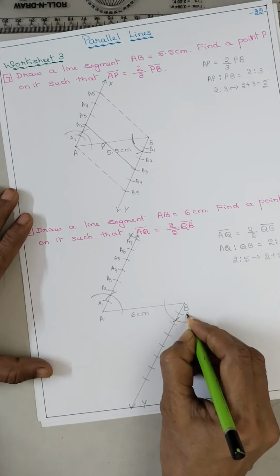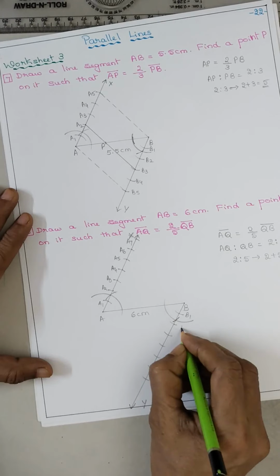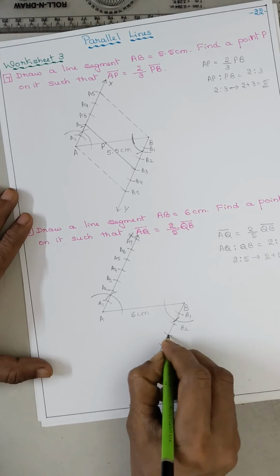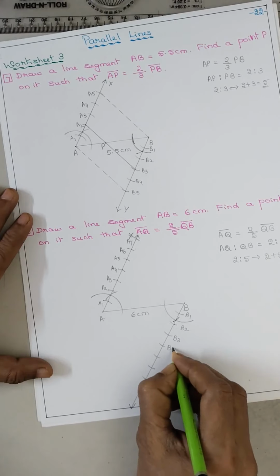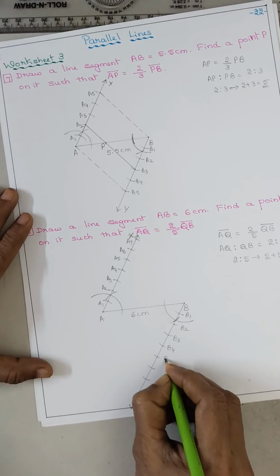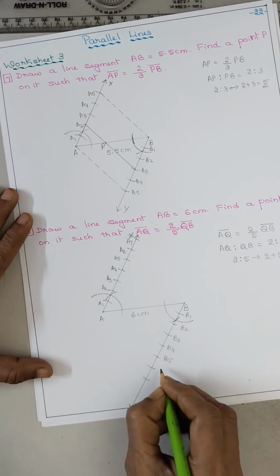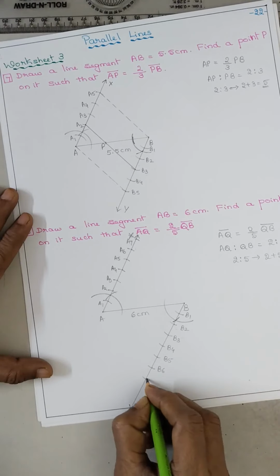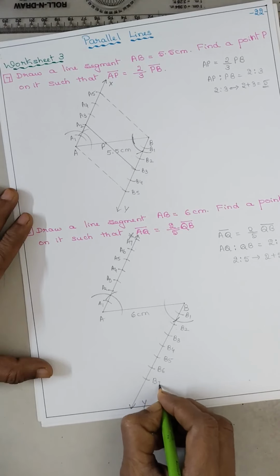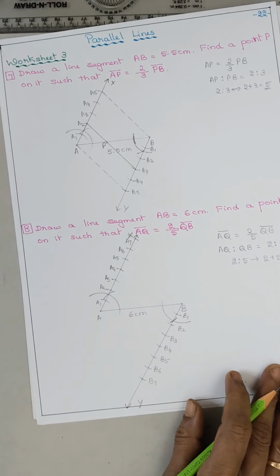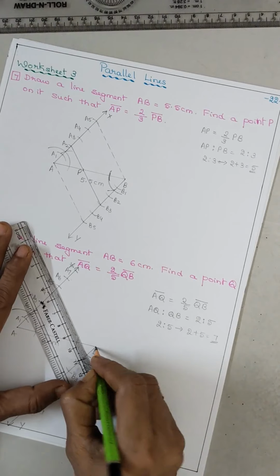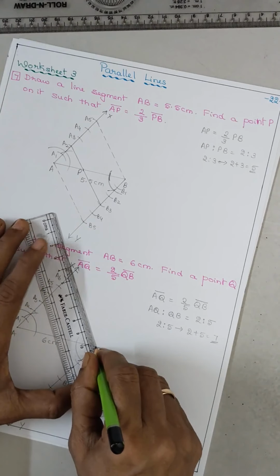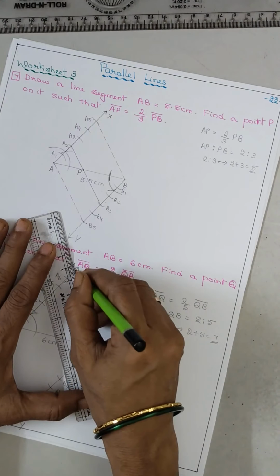Now this is B1, B2, B3, B4, B5, B6 and B7. Okay, now join the extreme B and the last, that is A7.